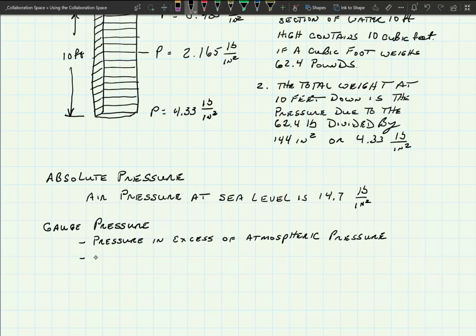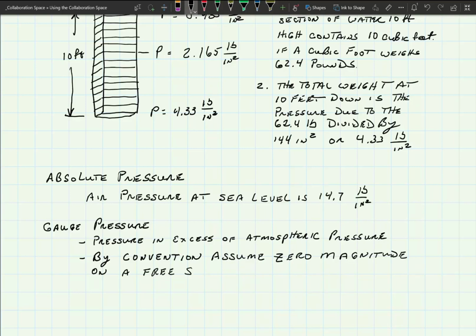It is, by convention, so gauge pressure on the top of a body of water, Lake Ontario, Lake Superior, the ocean, will be 0 gauge pressure, but 14.7 atmospheric.